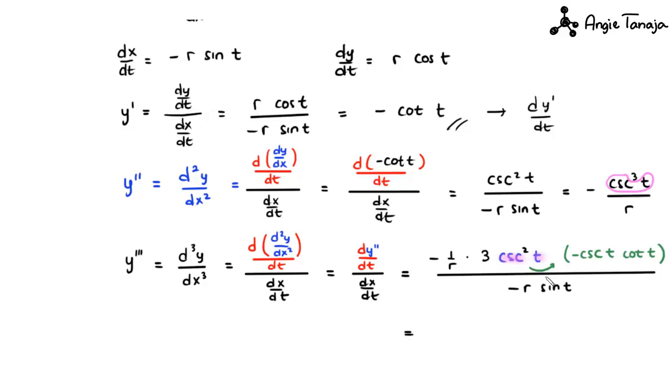So then it becomes positive 3 cosecant 4t times cotangent t over r squared.